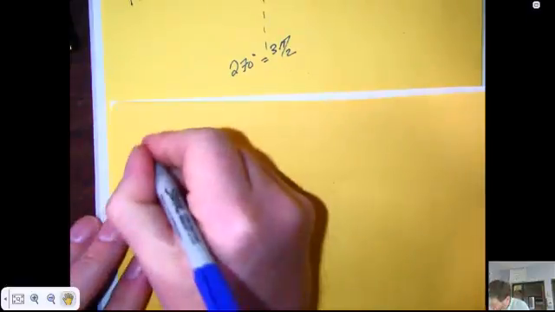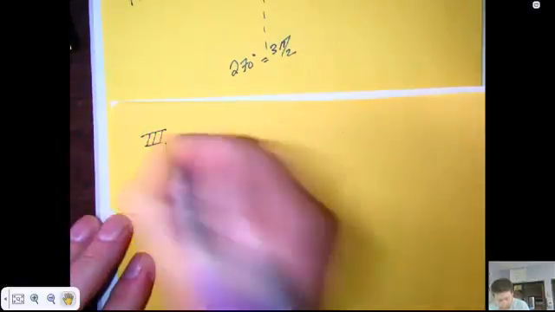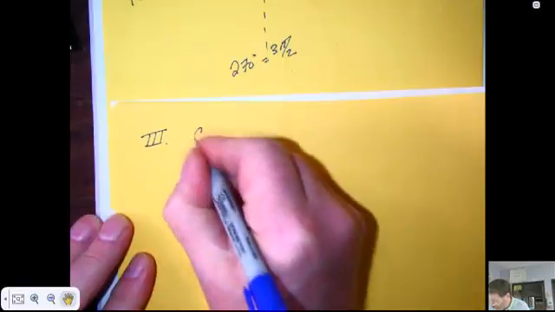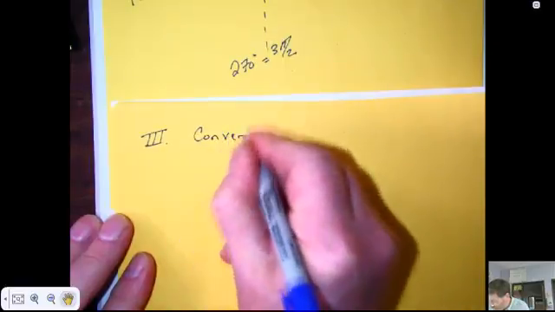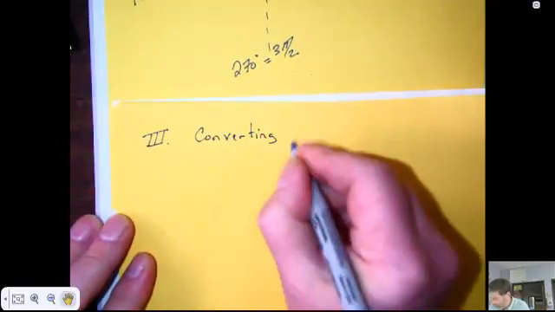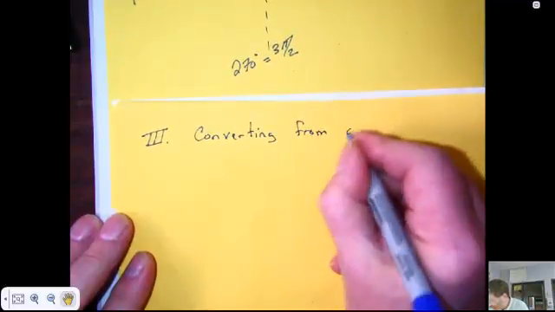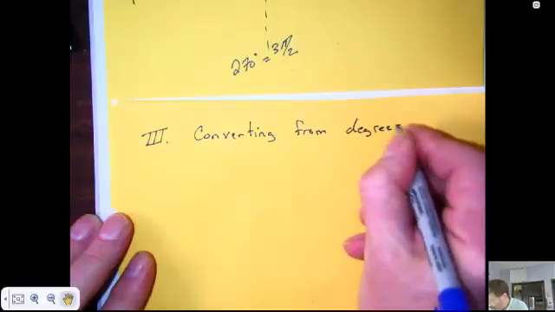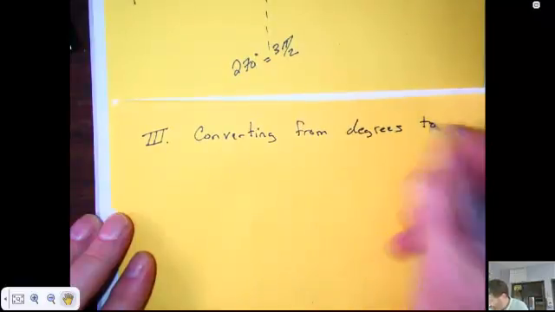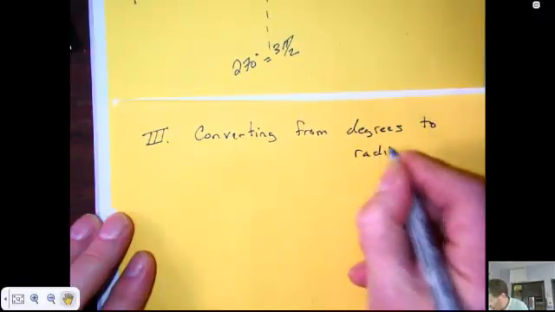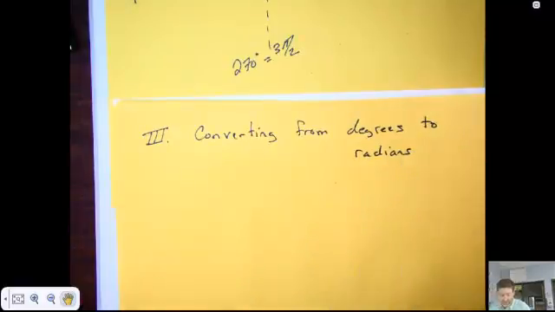Okay, so part 3 today is converting from degrees to radians.